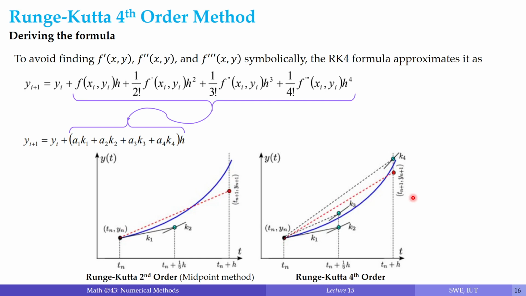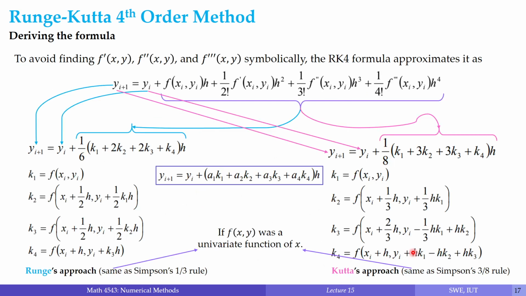Fine. So now let's go to the actual details of the equations and see why these green points are where they are. There are basically two approaches to coming up with the final formula of the RK4 method. One was developed by the first author, Runge, and the second approach was developed by the second author of this method, Kutta.